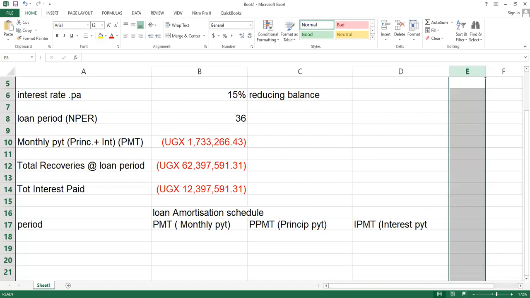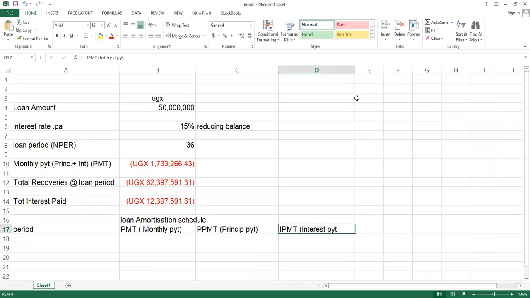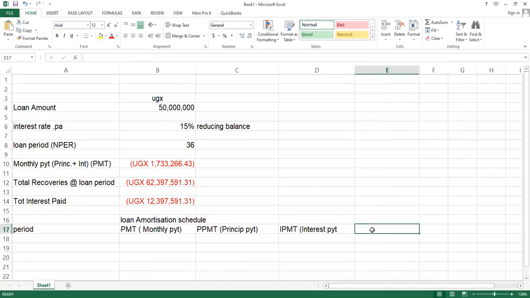Then I have, because this is the monthly, this is the principal, this is the interest, then I can have outstanding balance at the end of the period. So I can have outstanding, so balance outstanding.